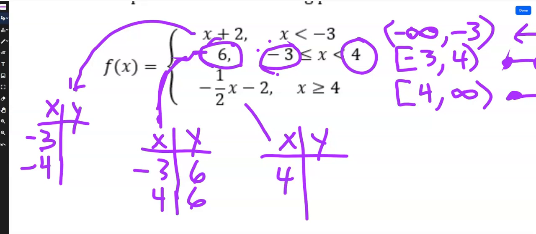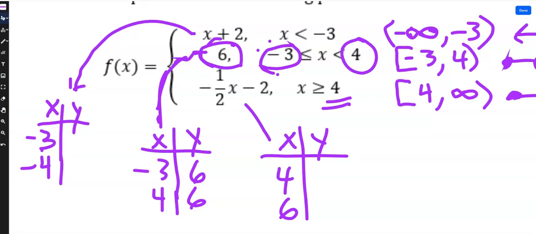We're starting with 4 because that's what they tell me to start with, and then we want something bigger than that. Now, because you are multiplying by negative 1/2, I'm going to pick an even number like 6. I can pick 5 if I want, but it's going to give me a decimal, and if I just want to avoid the decimal and go with integers, then you would do that.